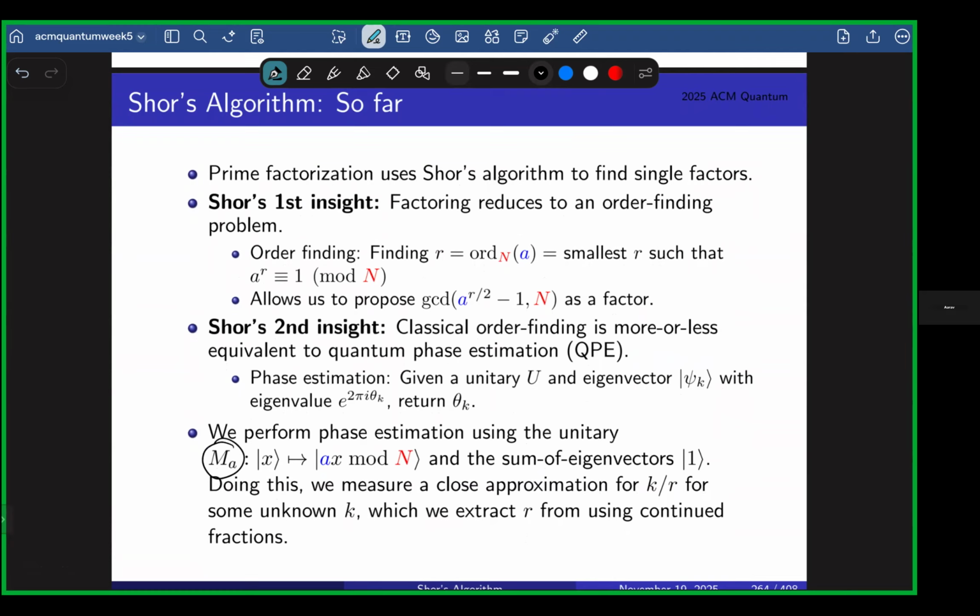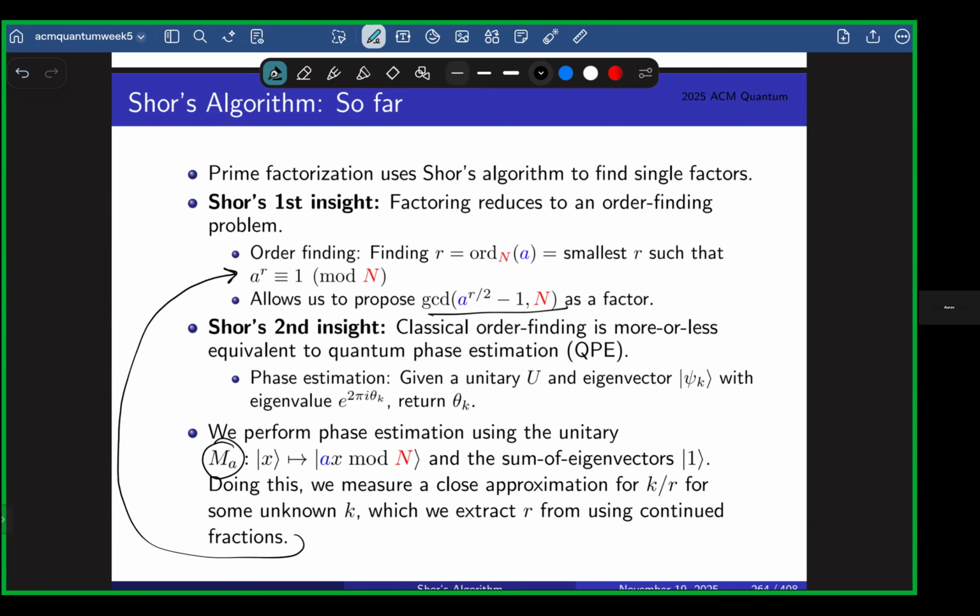It's actually not an eigenvector, but we pass in the one state anyway, which is the sum of eigenvectors, and it performs phase estimation in superposition. After that, we measure a close approximation for K over R for some unknown K, and then we extract the order R from that using a classical algorithm called continued fractions. So that's how we get the order R. From here, we take that R, know that's the order, and then propose our factor. Does the big picture make sense?